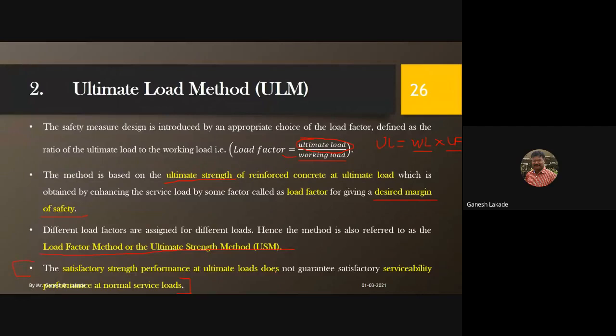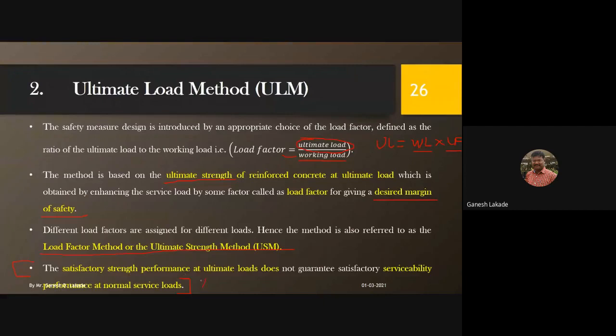If you don't perform that check, then the quality of material may be inferior, and due to that, the material may not carry the loads we have considered for the design, and in that case there may be failure. So that is one of the limitations of the ultimate load method, and we also have to consider it.